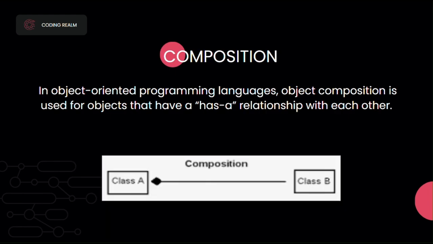Now let's see composition. In object-oriented programming, object composition is used for objects that have a relationship with each other. Like here, we have a relationship between class B and class A. Here I use composition.